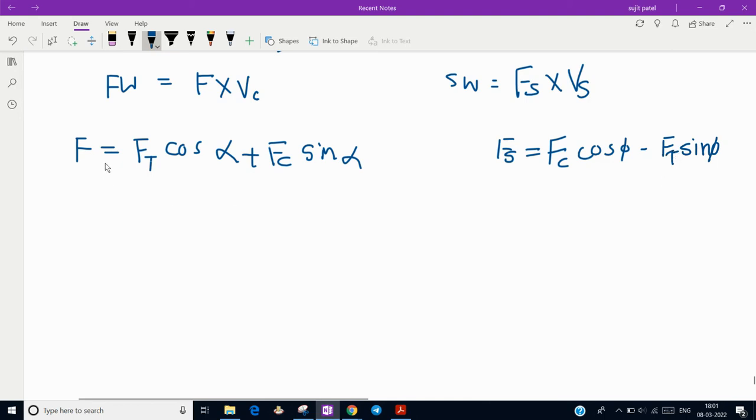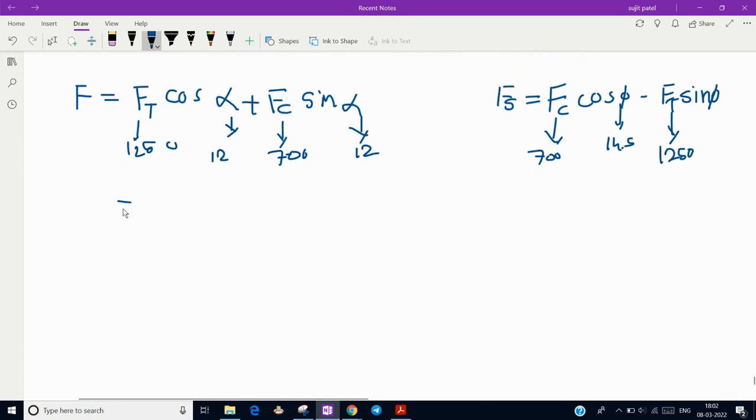Okay, we have all the values Fc, Ft and alpha. Ft value is 1250 Newton, alpha value 12 degree, Fc value 700, and here alpha value again 12, Fc value 700, phi value we already found, 14.5 degree, Ft thrust force value 1250 Newton.